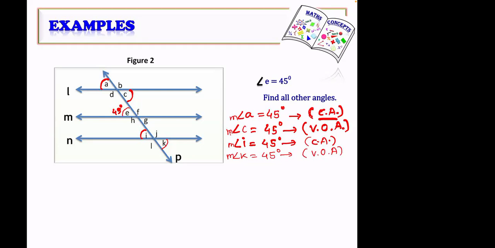That's right. Wait, Khadija. Ayush, can you tell why F would be 135? Ma'am, because F is corresponding to angle J. And why would J be 135? Have they given us any angle which is 135 degrees?